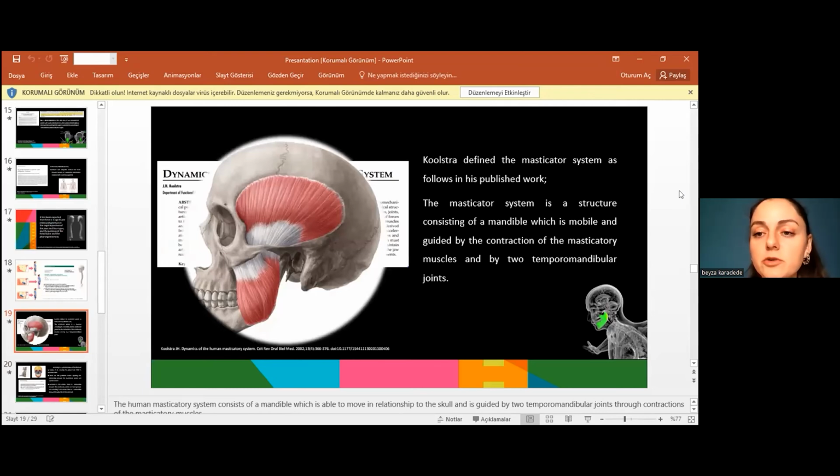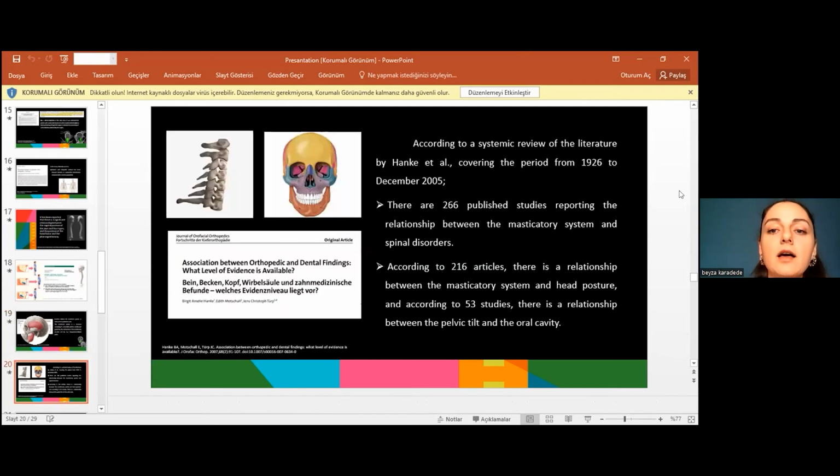Klose defined the masticatory system as follows in his published work. The masticatory system is a structure consisting of the mandible, which is mobile and guided by the contraction of the masticatory muscles and by two temporomandibular joints. According to a systematic review of the literature by Heng et al., covering the period from 1926 to December 2005, there are 266 published studies reporting a relationship between the masticatory system and spinal disorders.